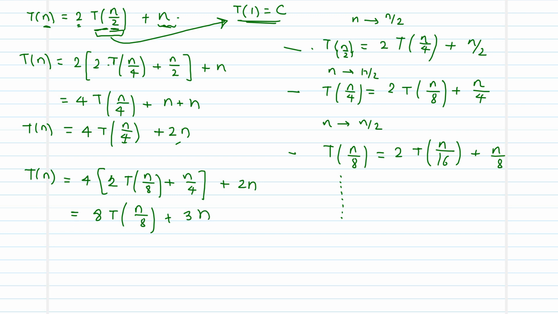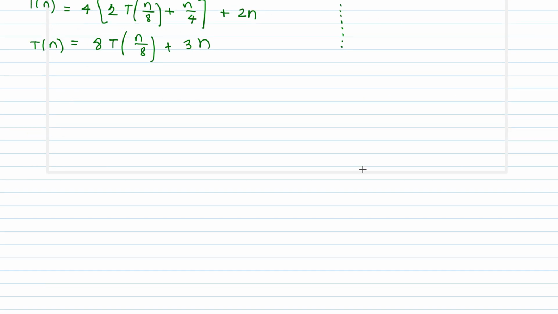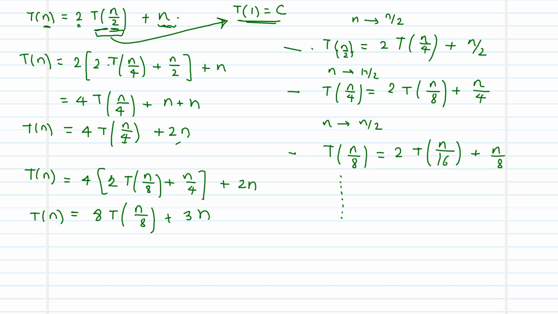So we got here T of n as 8 T of n by 8 plus 3n. Now if I replace T of n by 8 again with the formula which we have, this indicates that again a problem of size n is divided into 8 sub-problems of size n by 8, and the time required to do that is 3n.